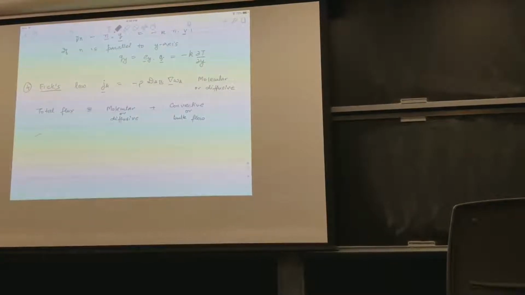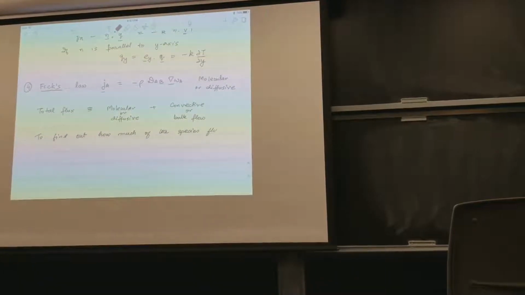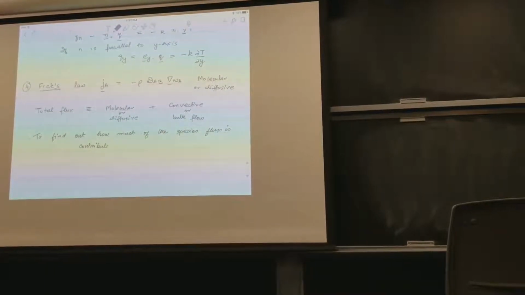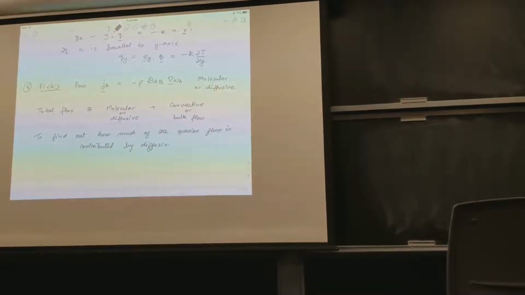So to find out how much of the species flux is contributed by diffusion, you have to first think about how to define it with respect to a moving frame of reference and a stationary frame of reference.